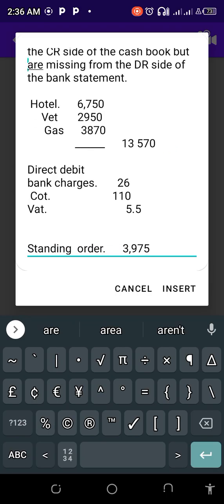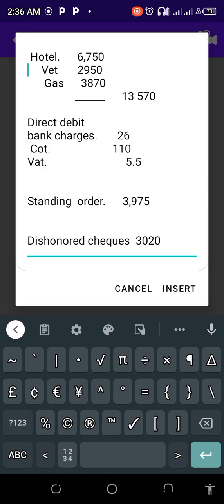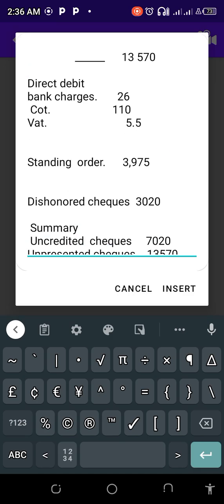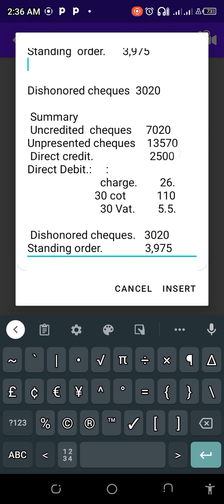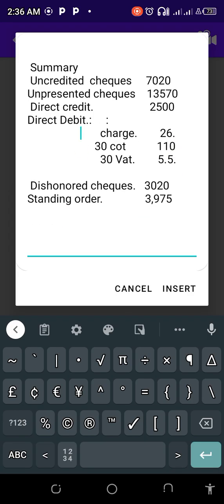The next one is direct debit. The direct debits we got there are bank charge, commission on turnover, and VAT on commission of turnover. And we have standing order, we have dishonored check. The summary of what we have just gotten now is uncredited checks 7,020, unpresented checks 13,570, direct credit 2,500, then direct debits, then dishonored check, and what?